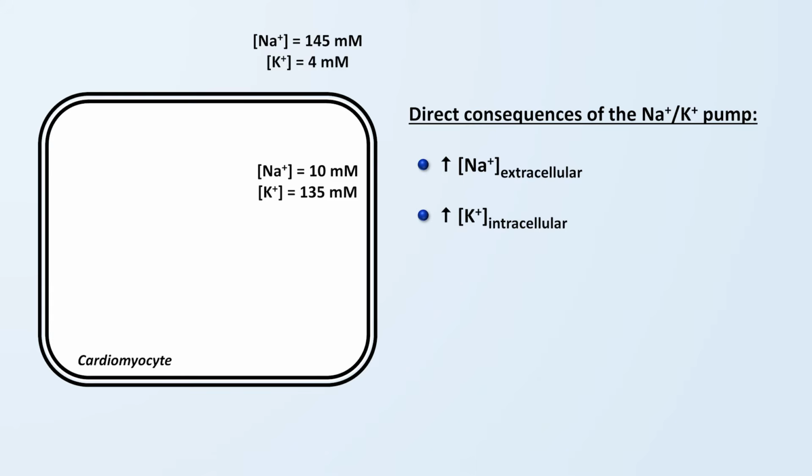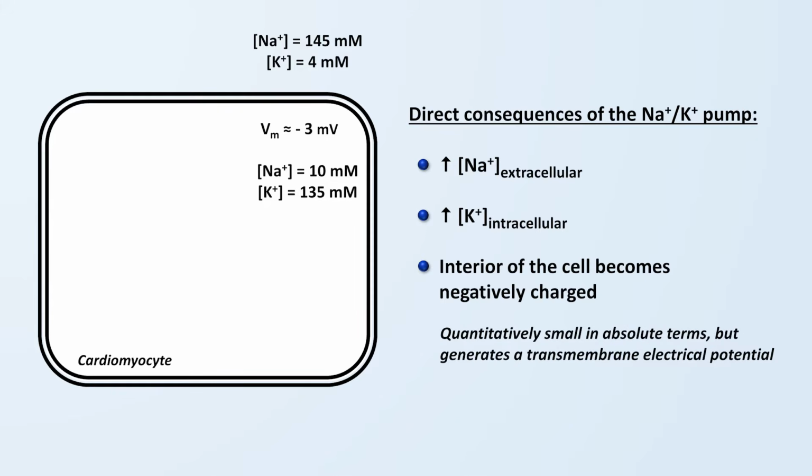Second, the concentration of potassium in the intracellular space increases. And third, the cell becomes negatively charged relative to the outside environment. In absolute terms, the new imbalance of charge is small, but is still significant enough to generate an electrical potential across the membrane, which is usually shortened to membrane potential, abbreviated V sub m.